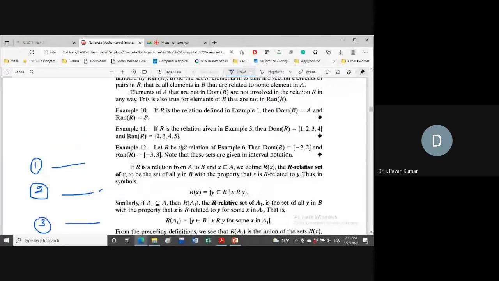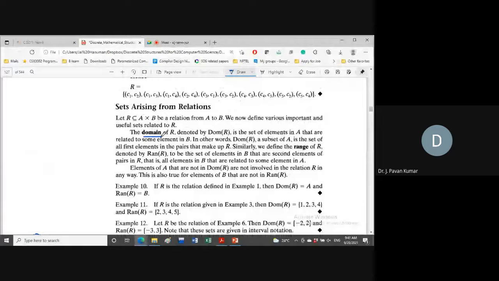Next, we have seen the domain of a relation and the range of a relation. We will have two sets; sometimes we have a relation on the same set itself, then we consider A and A. Whatever elements are mapped to any of the elements in B will be part of the relation.